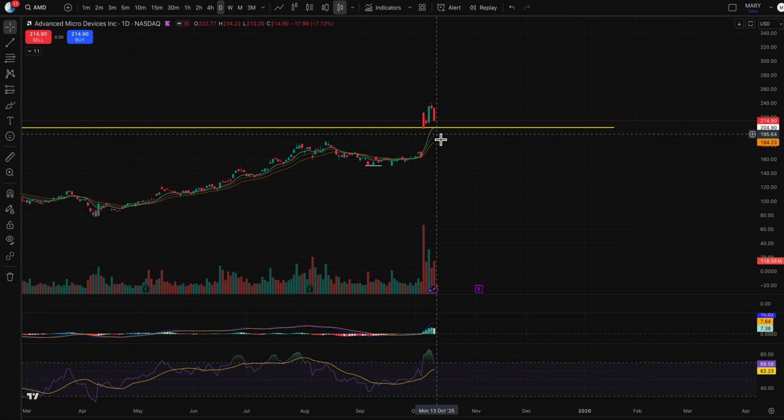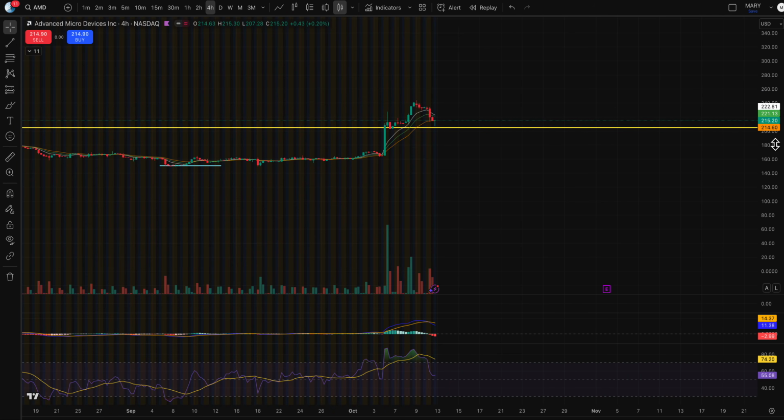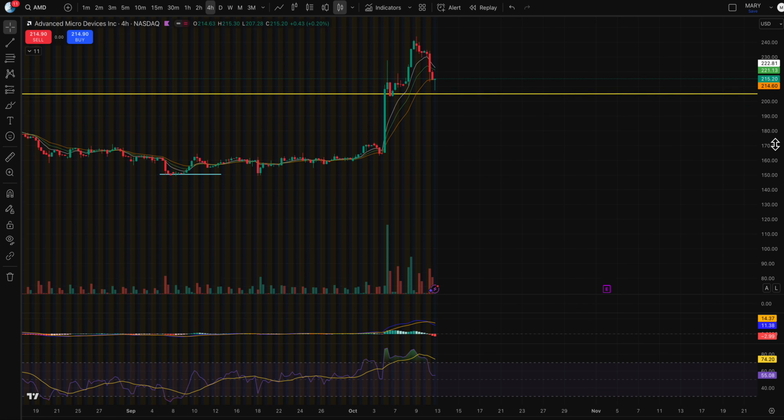But let's not ignore this EMA. This 8 EMA will be serving as your first local dynamic support. Second will be your 13 EMA, which is 193 before reaching that 186, 187, okay? But looking at the 4-hour chart, we do have a rejection candle, which happens to be a hammer.